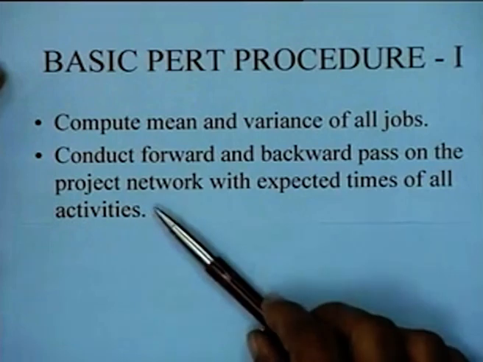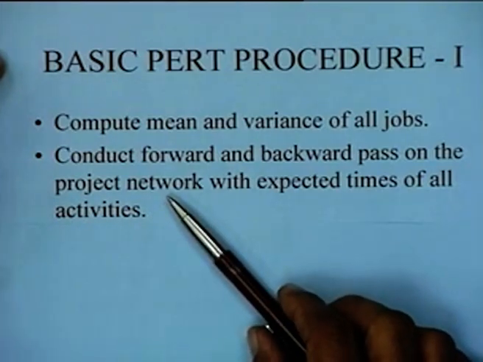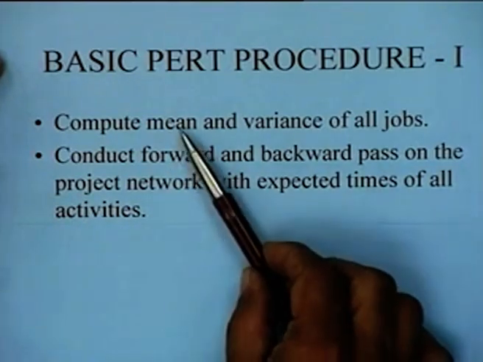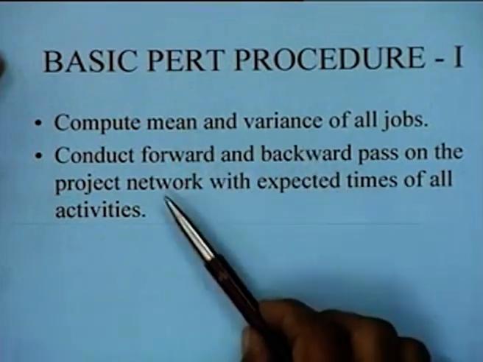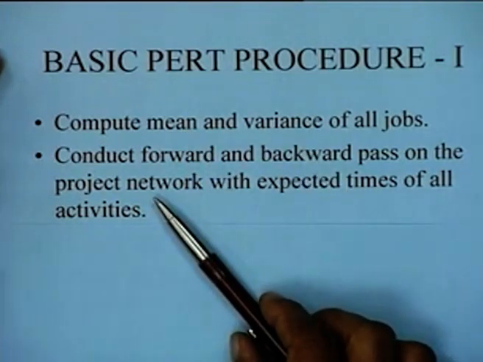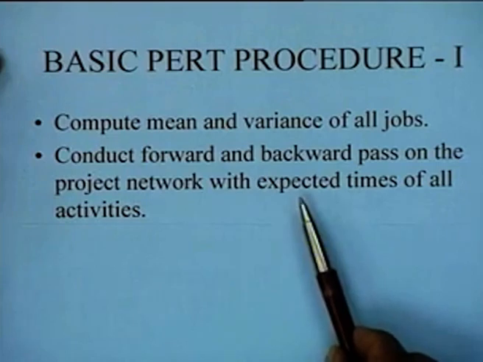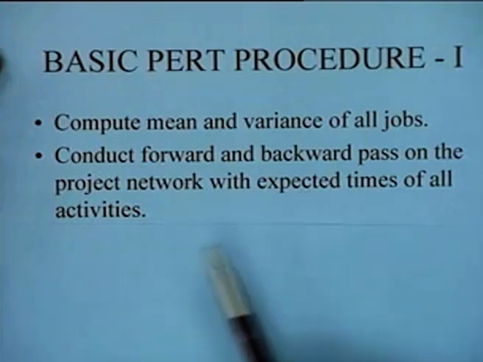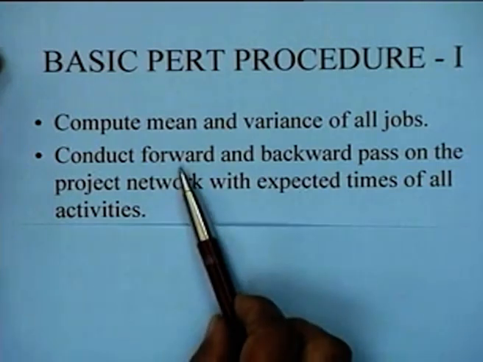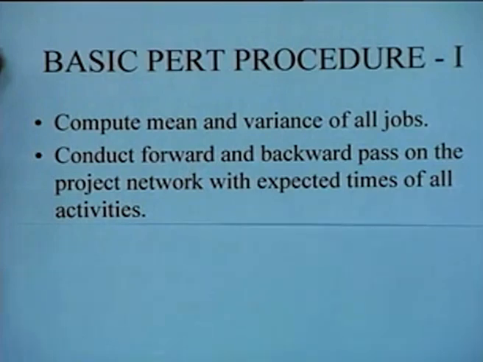See, what is being done here is that since we have computed the expected time for each job, we sort of convert the problem into a deterministic problem and do basic scheduling in much the same manner that we determine the critical path in a deterministic network. The only thing that we are doing is we are using the expected times for all the activities and are now computing a forward and a backward pass.